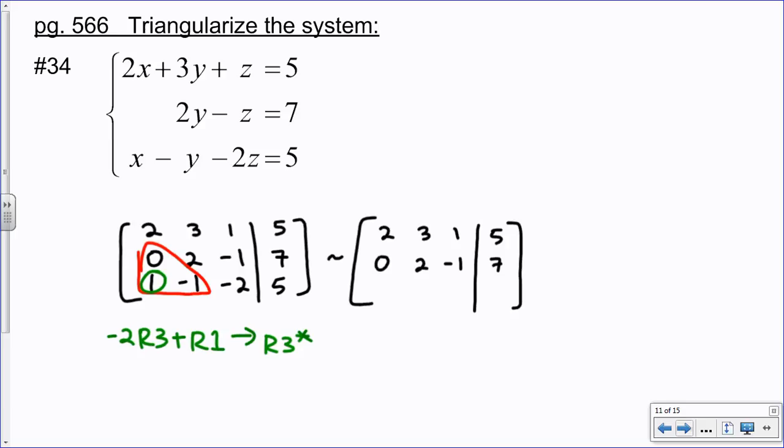I'm going to get negative 2, positive 2, positive 4, negative 10. I want to add that to row 1. That will give me 0, 5, 5, and negative 5.